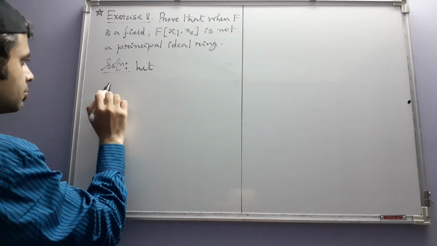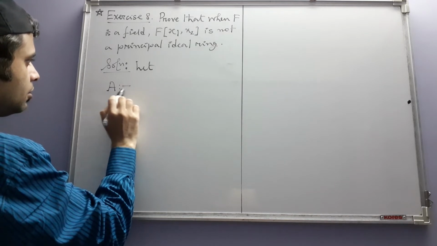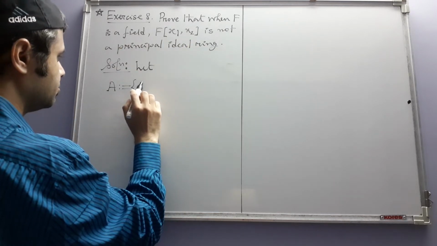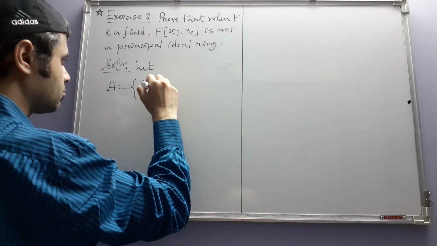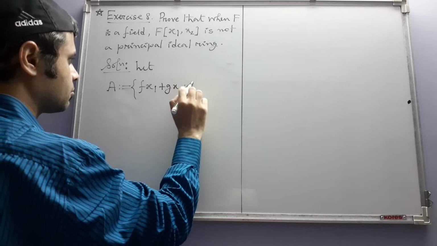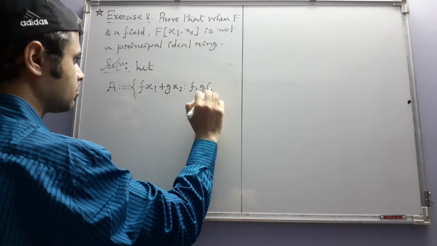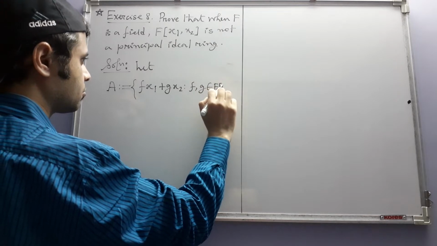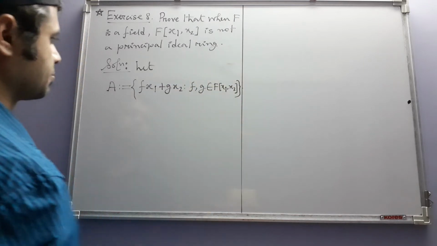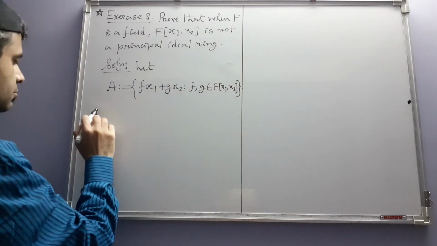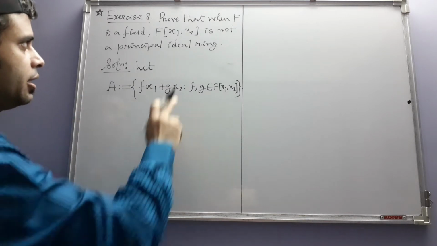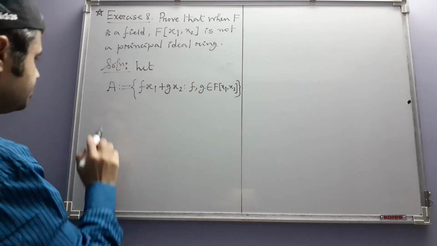Let A be this subset of F[x1, x2]. Now we aim to show that this A is actually an ideal of this ring.